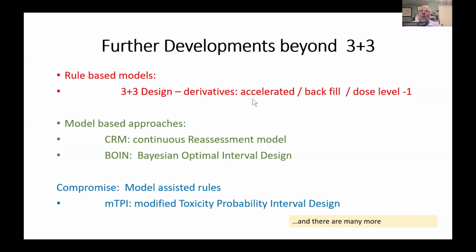Then you can do one patient cohorts, and the escalation from one cohort to the next cohort may not depend on DLTs, but on much, much less adverse events. Typical thing is one patient enrolled.